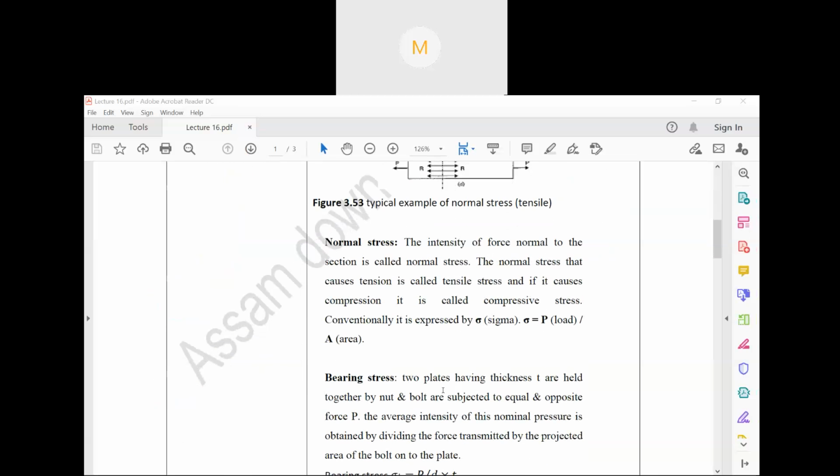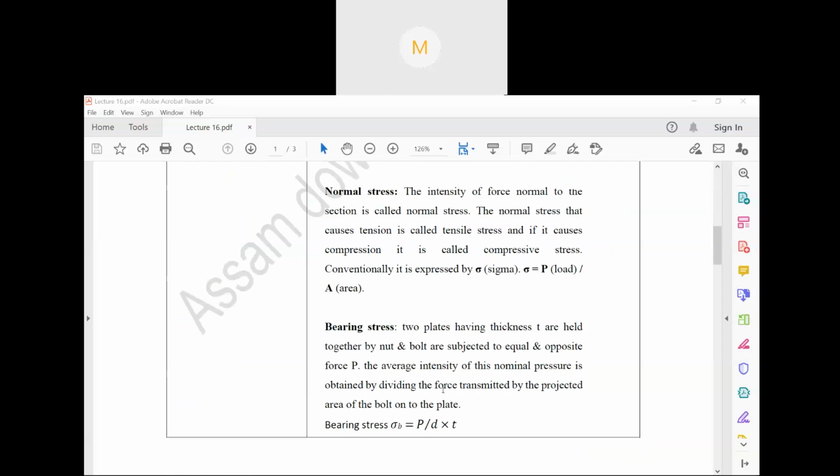Now look, let us understand a few definitions. First of all, what is normal stress? The intensity of force normal to the section. The intensity of force which is normal to the section is known as normal stress. Now that means what?